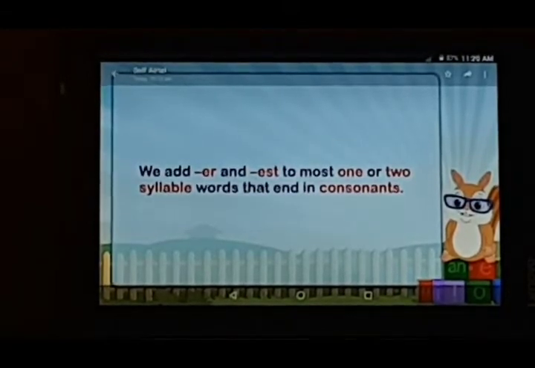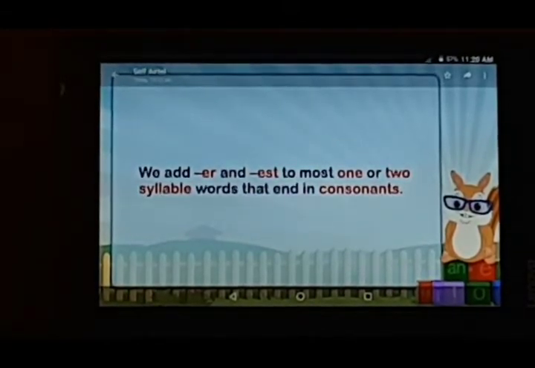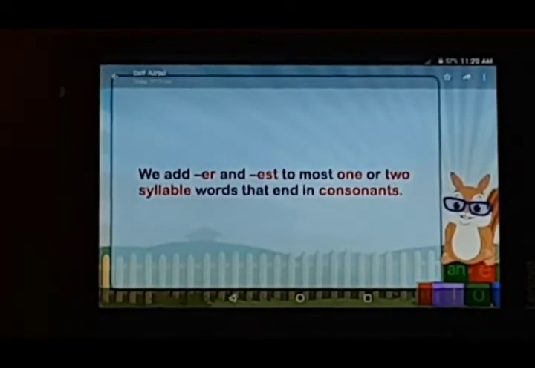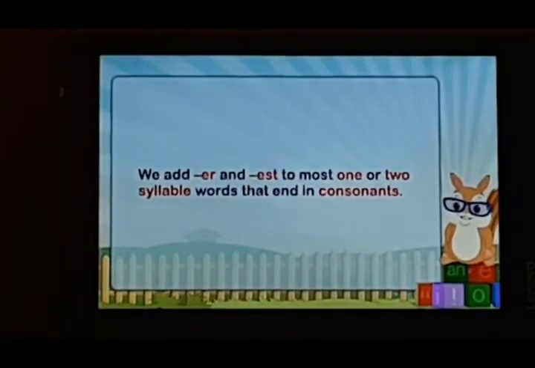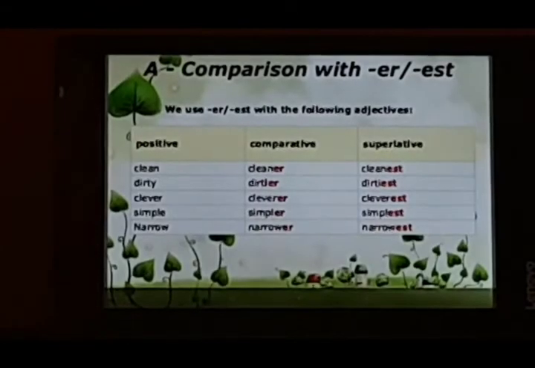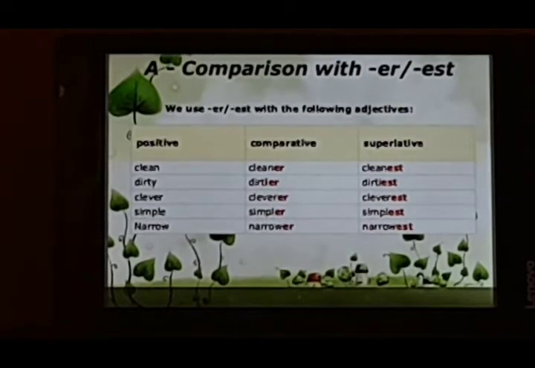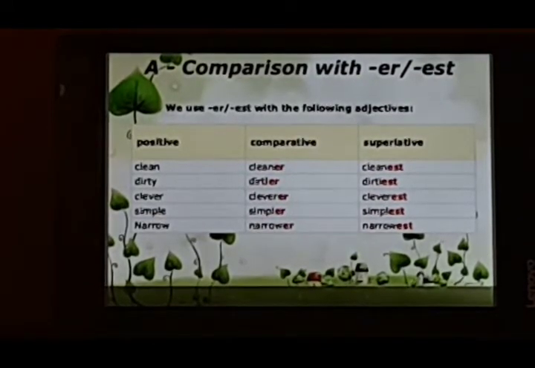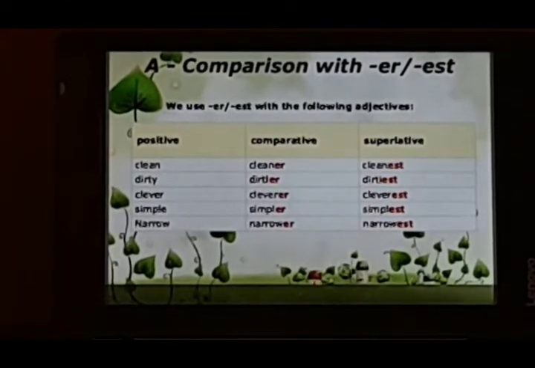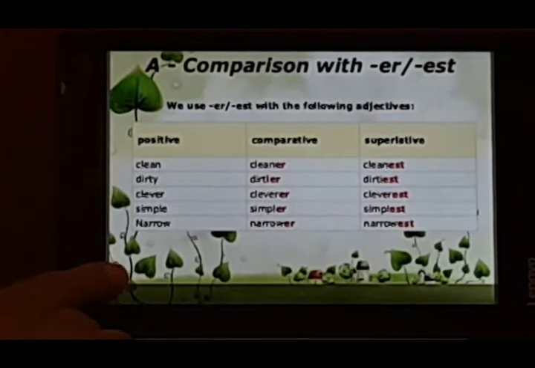So in most words having one syllable or two syllables, what changes happen there? We use ER or EST at the end of the word. See, these can be the changes, like clean becomes cleaner. See, clean is a single syllable word. It becomes cleaner and cleanest.